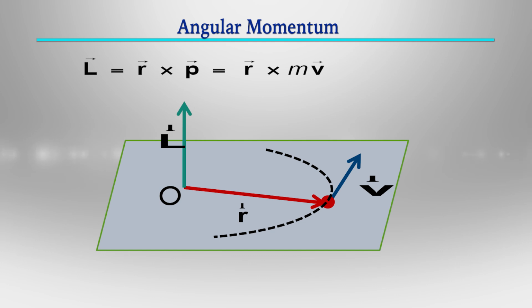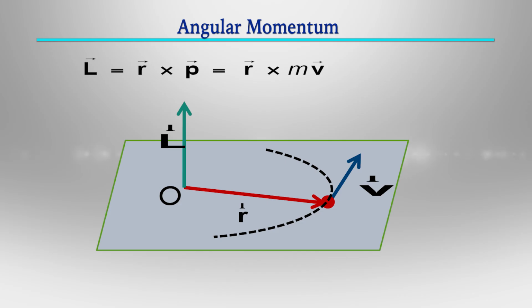Now, how do you define the angular momentum? You know that if the position vector of a particle with respect to a point is r and its momentum is p, then angular momentum is defined as the vector product of r and p. If v is the velocity, then you can write the momentum p as just the product of the mass m into the velocity.